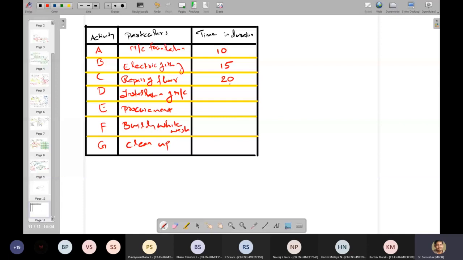So relation: activity E doesn't have any predecessor.